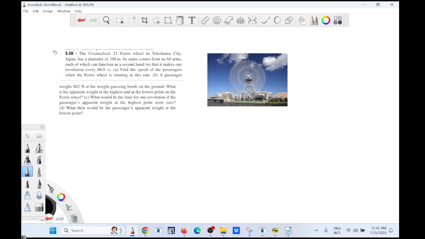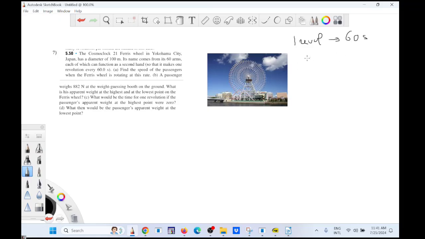You have 60 arms here, and it takes 60 seconds for one revolution. So it works like a clock. To go from here to there, it takes 1 second. So one revolution is 60 seconds. And so find the speed.